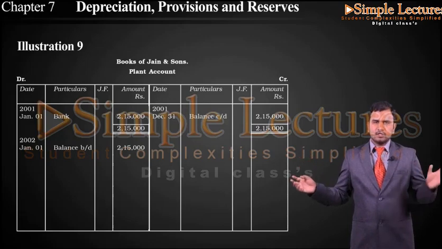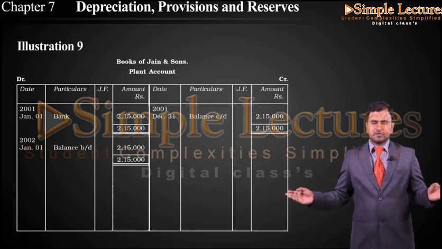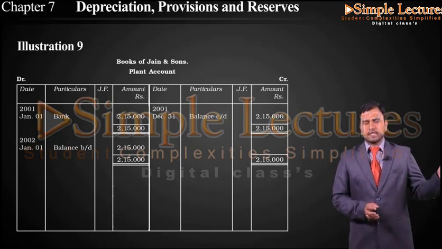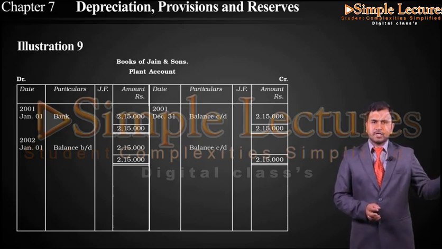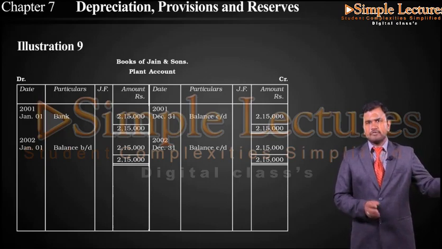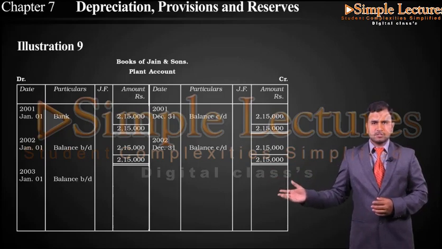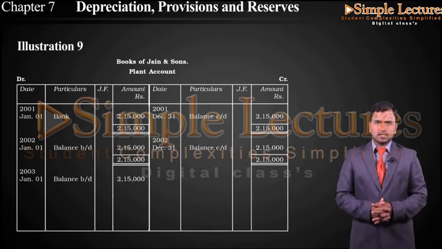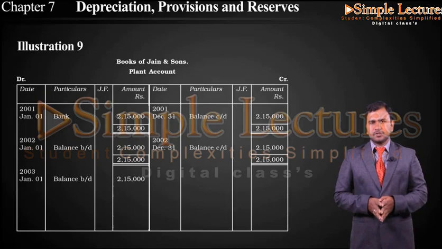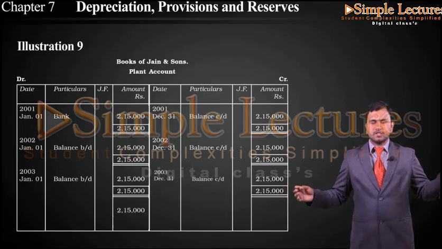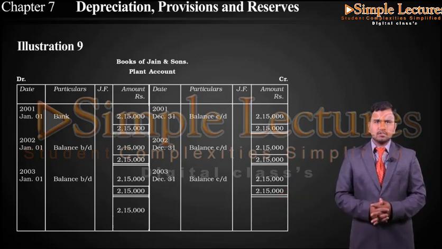Then again same total will be closed 2,15,000, 2,15,000 both the sides. Then above the total credit side, balance carried down again on the 31st December 2002, and the same is considered for the next year, 1st Jan 2003, balance brought down 2,15,000. Again in the third year we are going to close the account, same total both the sides, then again same value balance carried down and balance brought down for the 4th year.